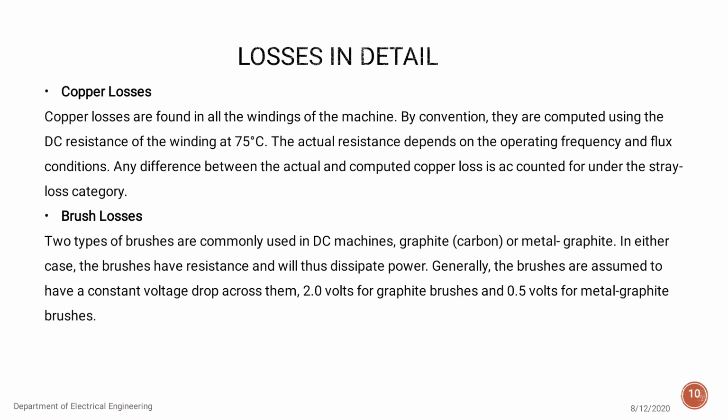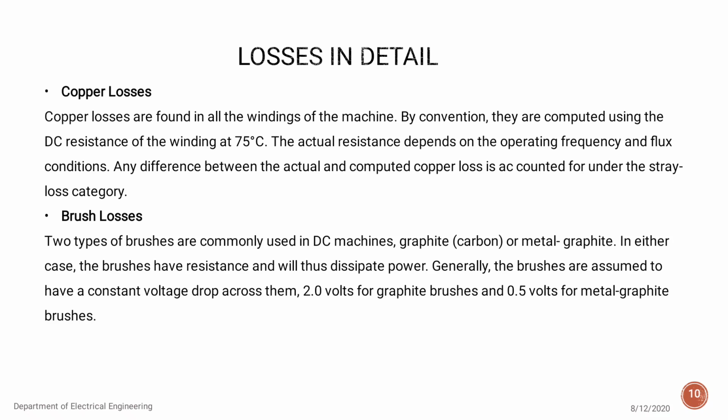If current is flowing in any winding, at that time some heat is produced. We know the formula for the heat is I square R. The winding has a resistance value, and when current flows through this winding, that resistance gets multiplied by the current value, and that much heat gets dissipated. This is nothing but copper loss.